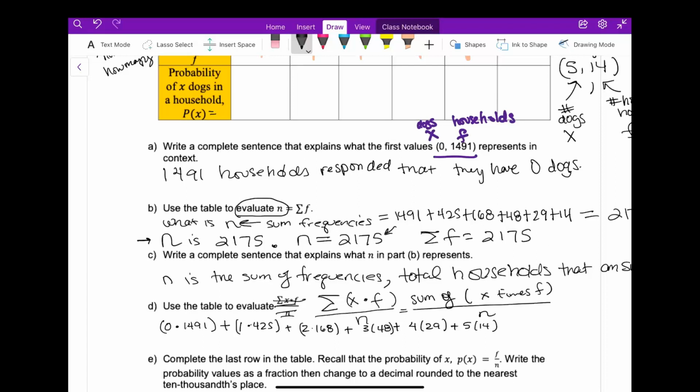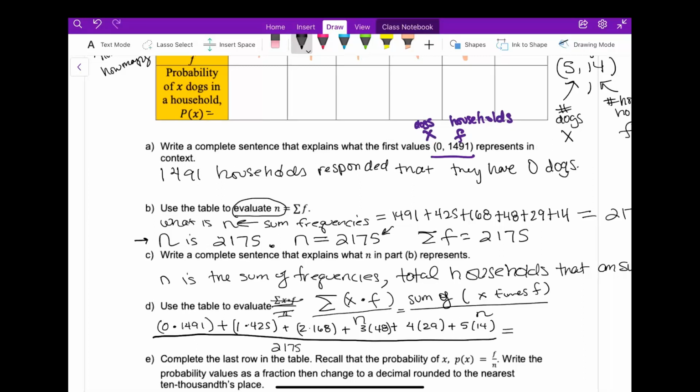And we're going to do this all over n. And we know what n is. N is 2,175. And we're ready for the calculator.